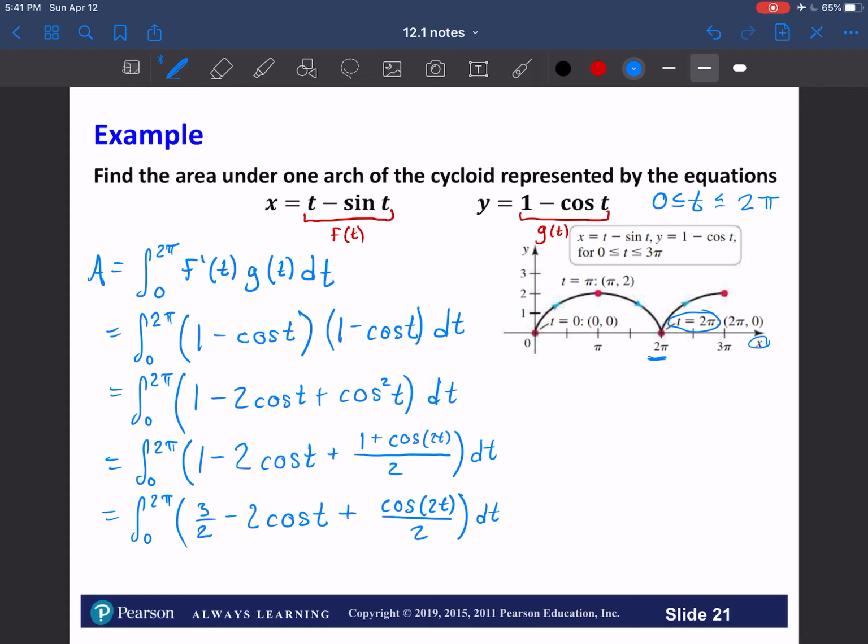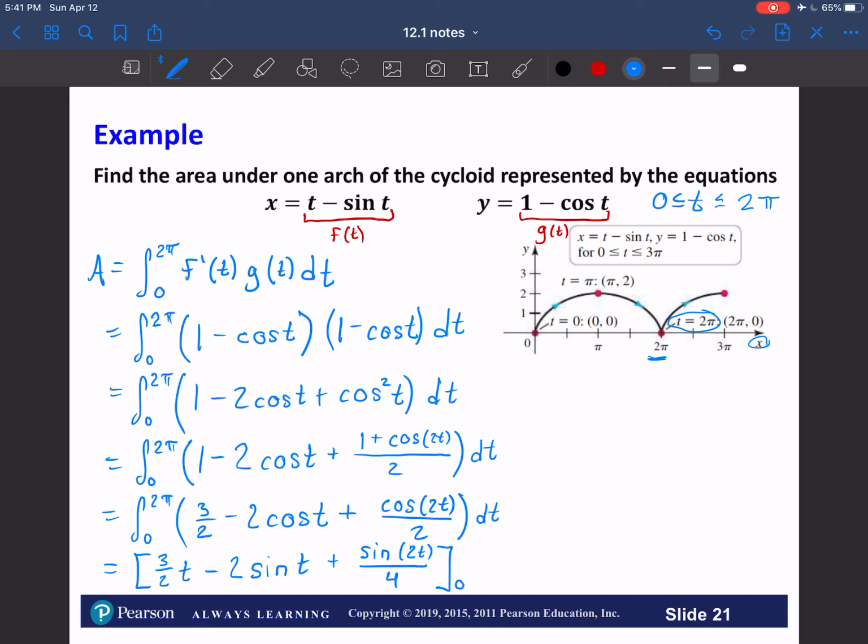And now finally we can integrate this. The integral of 3/2, of course, is 3/2 t. The integral of negative 2 cosine of t is negative 2 sine of t. The integral of cosine of 2t over 2, we have to end up dividing by another 2, and so we're going to get sine of 2t all over 4.